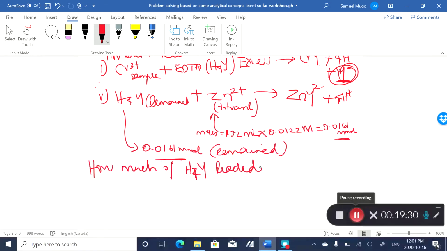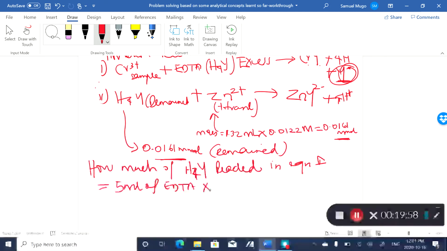From equation 1, this would be equal to the number of moles that you started with. Remember in equation 1, we had 5 mL of the EDTA, and I'm multiplying that by the concentration I had initially of EDTA, which is 0.0103.